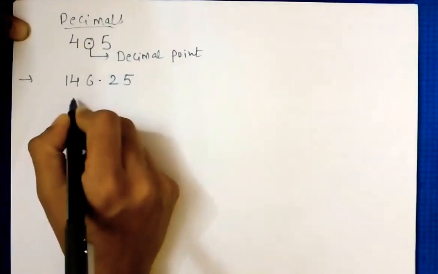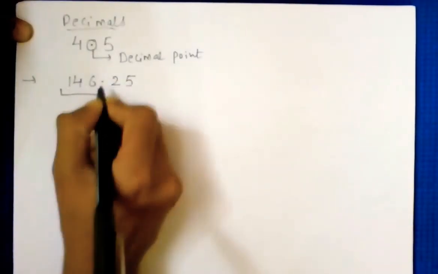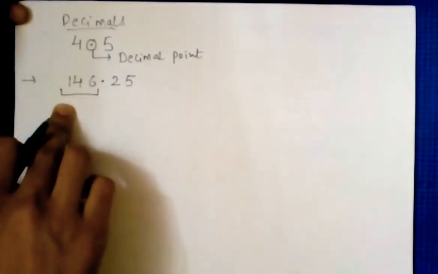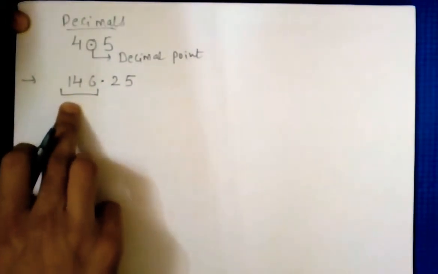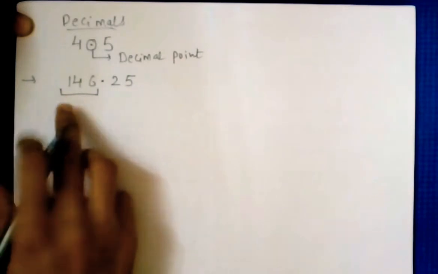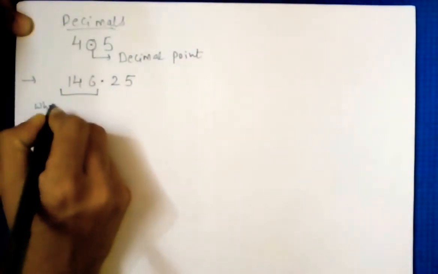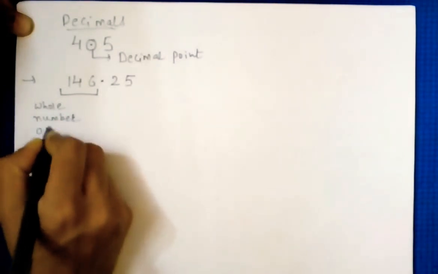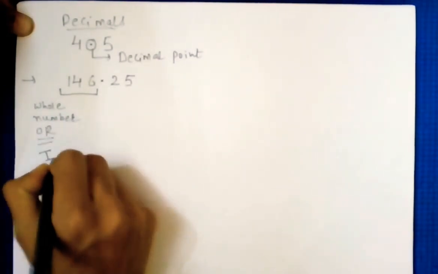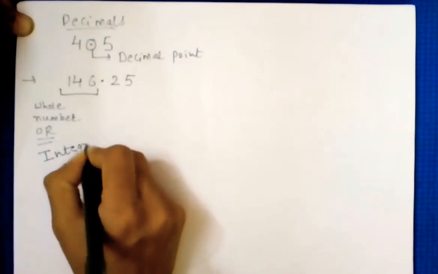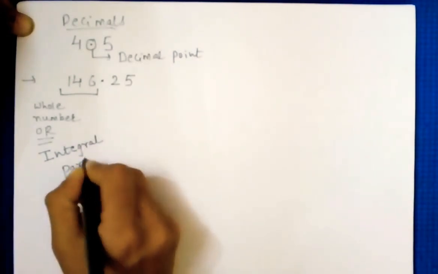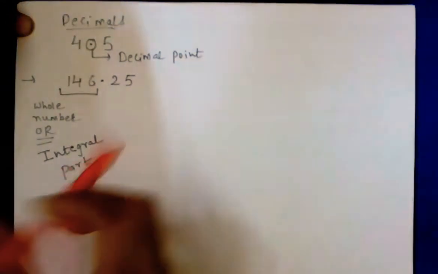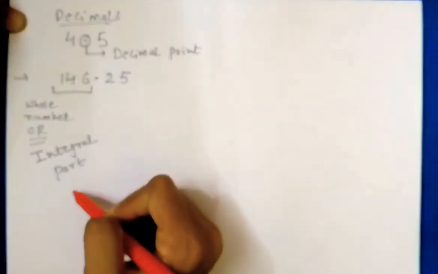146.25. The part which is given before the decimal point is called the whole number, or you can also call it the integral part.